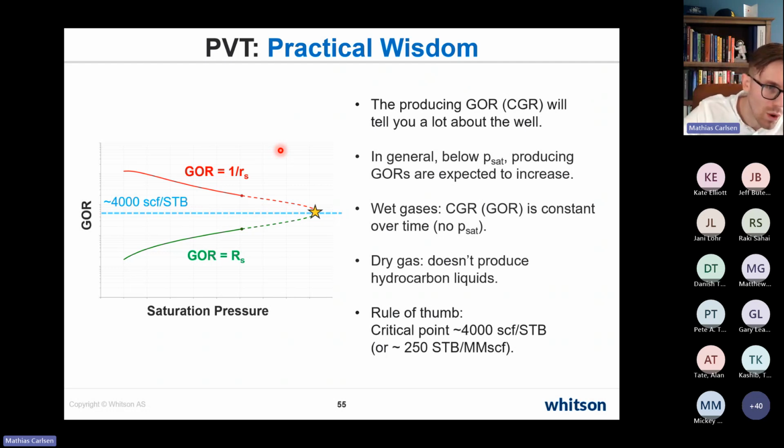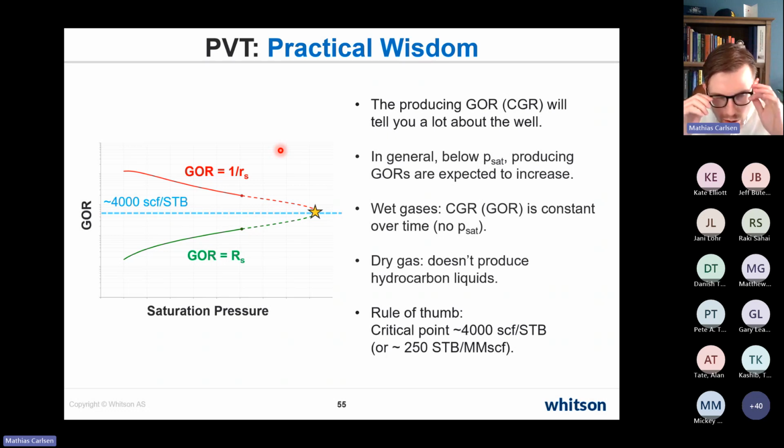So if you're dealing with a well that comes online with an initial producing GOR right here, you know that you're dealing with the most complicated type of fluids. That's where an equation of state is definitely needed, because that's where all the correlations break down. The correlations typically work well up to 1,000 scf per barrel.